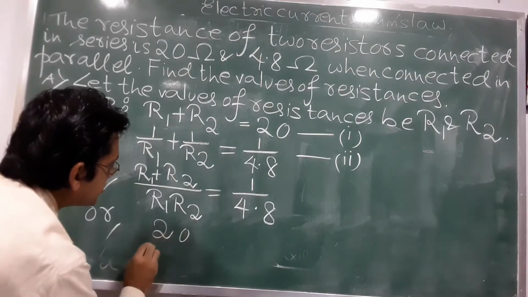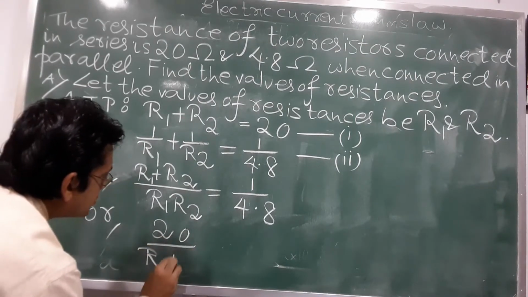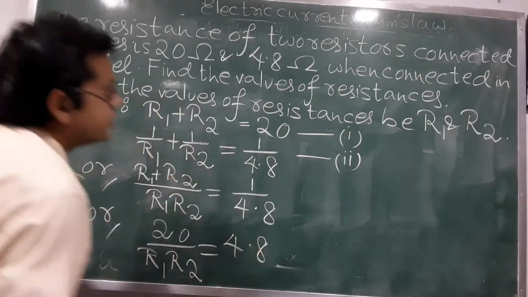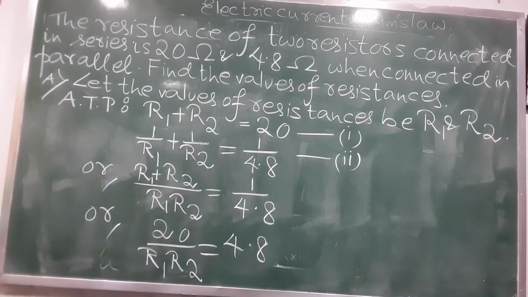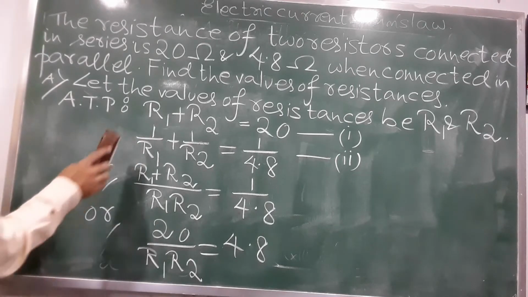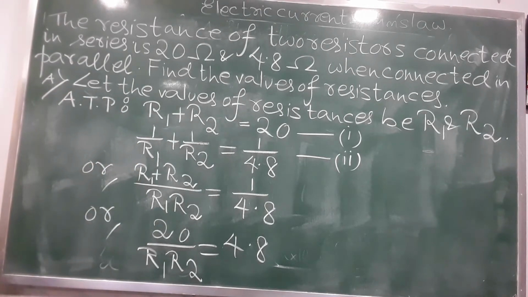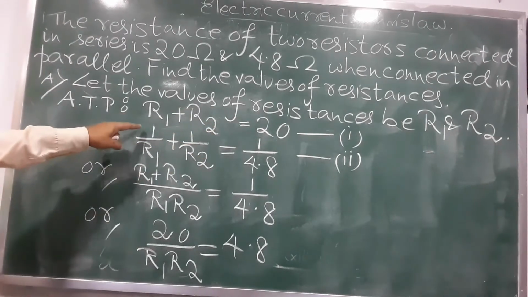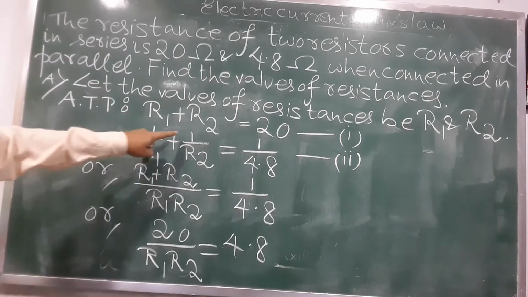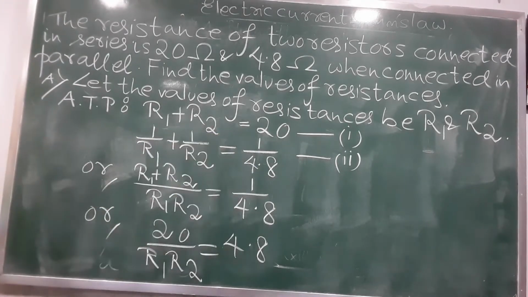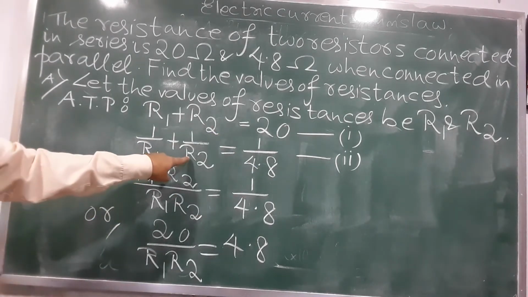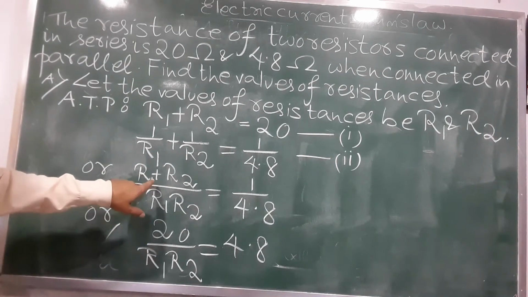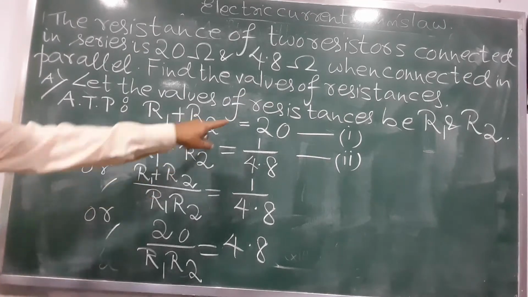So 20 by R1 R2 equal to 4.8. Please copy this down. R1 plus R2 equal to 20 connected in series, and in parallel 1 by R1 plus 1 by R2 equal to 1 by 4.8. I took LCM. R1 and R2 LCM will be R1 R2. R1 plus R2 is equal to how much? 20.